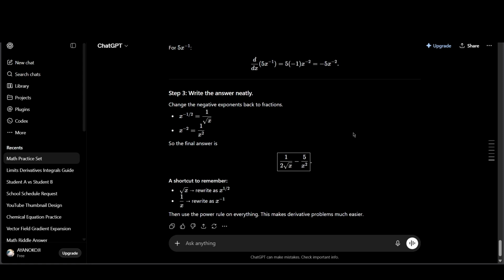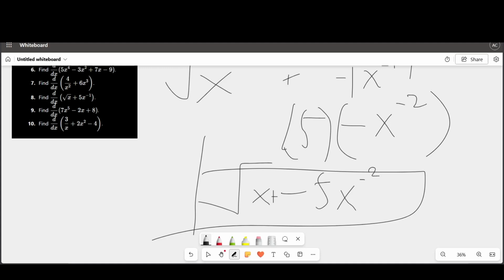Okay, so any variable that has a negative exponent is always going to be written as 1 over x, and any variable that is a square root is going to be written as x to the power of 1/2. Let's just remember that, and then we'll try to solve number 8.